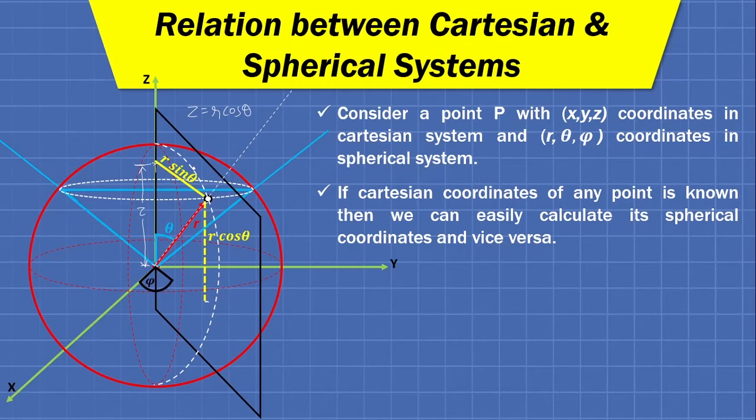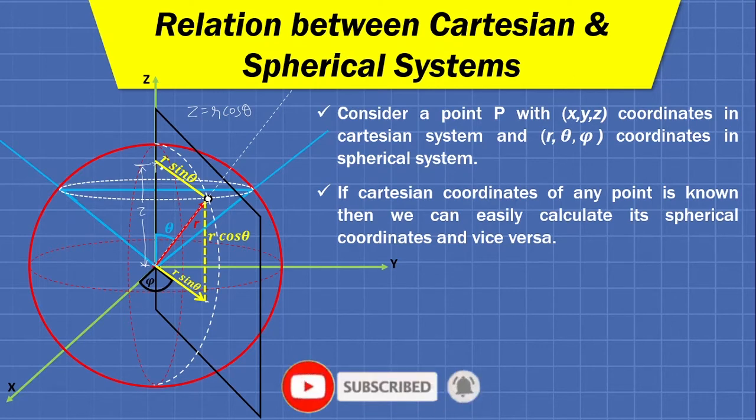Now to have a relationship with x and y axis, we are going to take a projection of r sin theta on xy plane. Fine. So here we have taken a projection of this length on xy plane. Now as you can see, the r sin theta is making angle phi with x-axis and angle pi by 2 minus phi with y-axis.